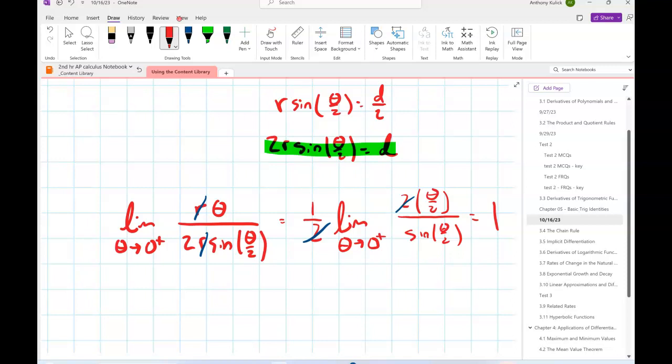Everybody's okay there? That was probably much less work than trying to cook up a squeeze theorem, although I suspect you could still do that using some trigonometry. I think it would have gotten much worse than what we just did, which took a little bit of geometry and a little bit of trigonometry recall.